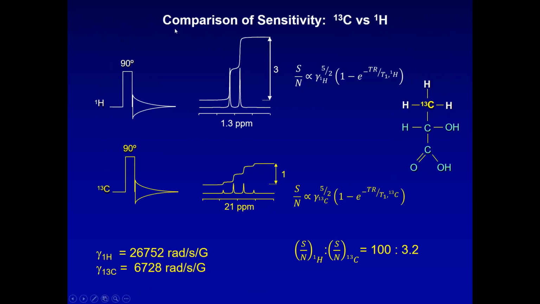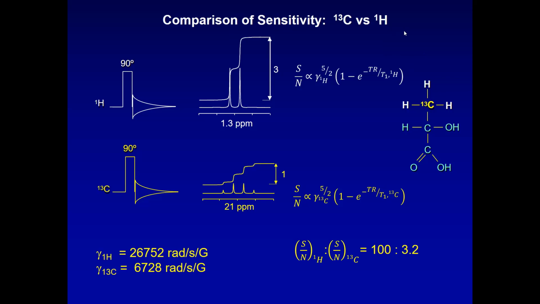So we'll look next at how we compare the sensitivities of carbon-13 and proton. Remember that the net magnetization is proportional to gamma times B0.